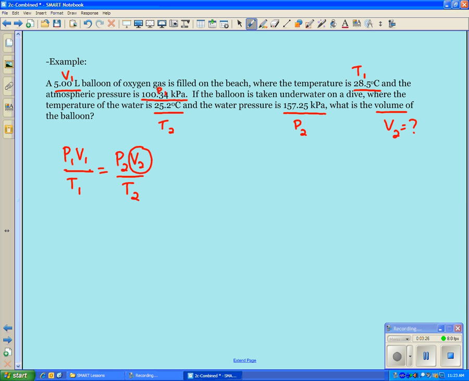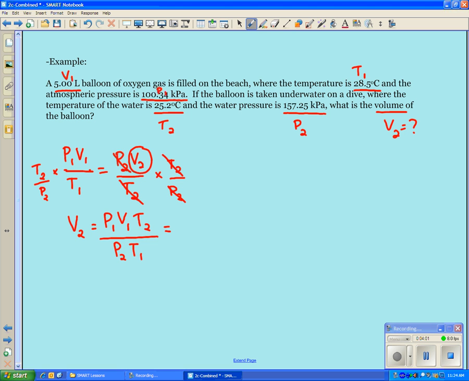So when we rearrange, we're going to multiply by T2 on both sides, and we're going to divide by P2 on both sides. So our new formula, once we rearrange to solve for V2, is going to look like P1 V1 times T2, all on the top, over top of P2 and T1.